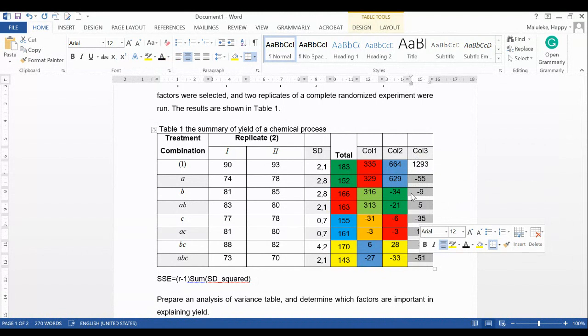It's negative 61, not 51. Yes, negative 61. So those are the values, guys. And the one left is negative 5.